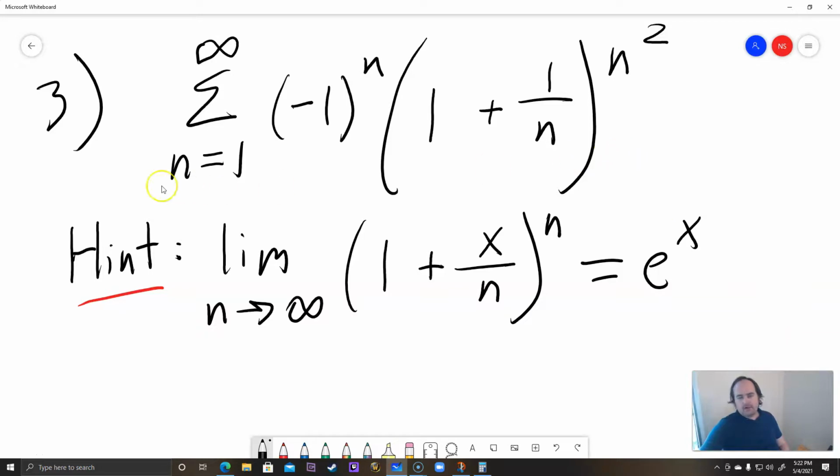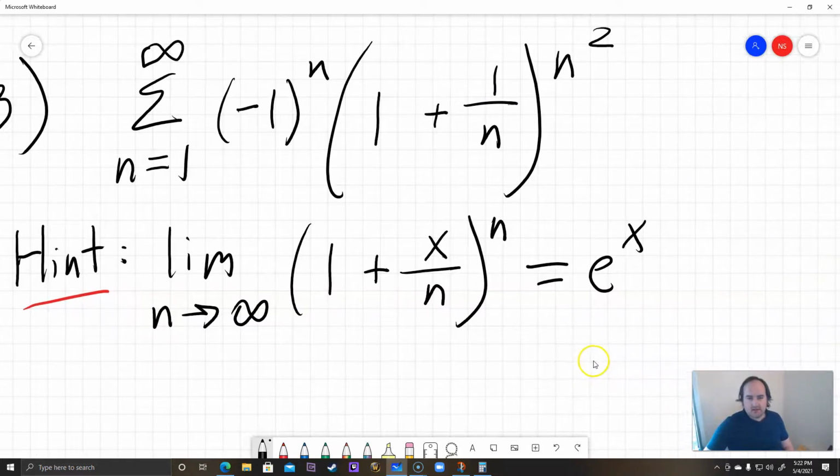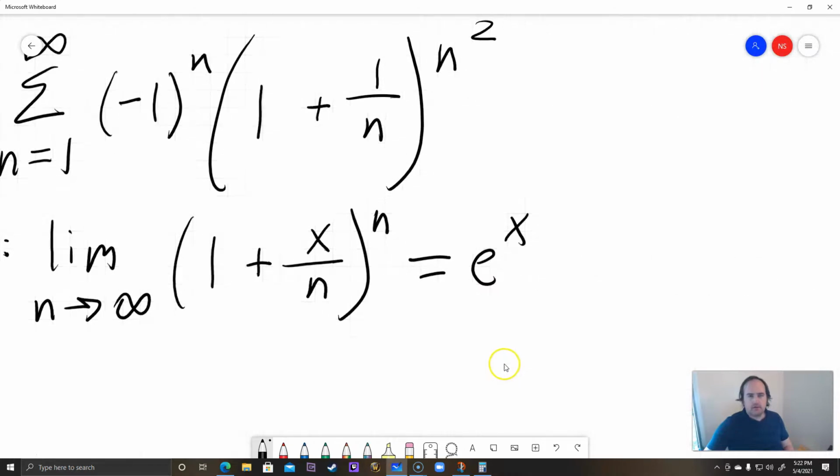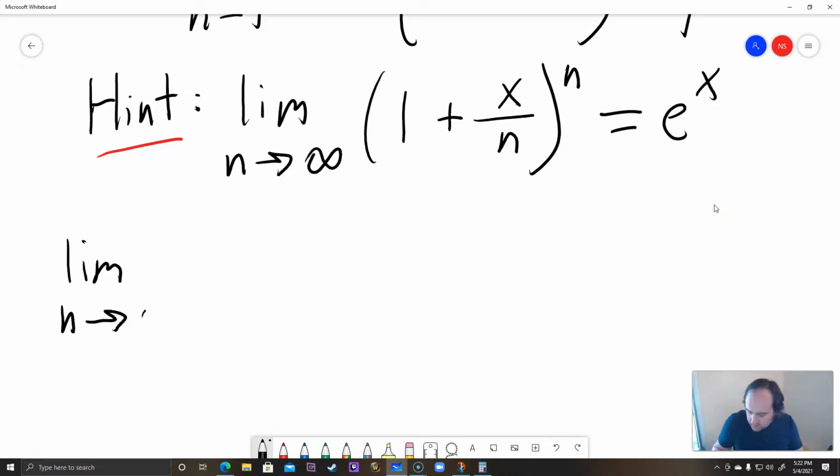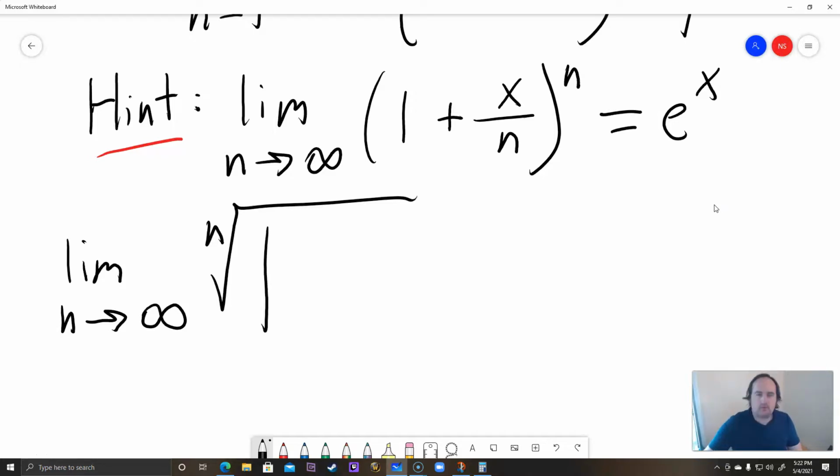Alright, but first off, we're just going to go ahead and use the root test. So we're going to apply the nth root to our a sub n here, and we're going to put an absolute value around it. Of course we're taking the limit as n goes to infinity. So we're doing the limit as n goes to infinity of the nth root of the absolute value of a sub n.